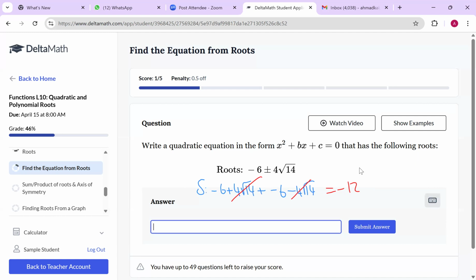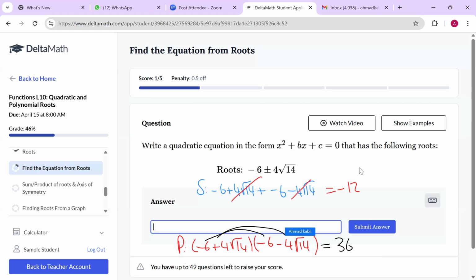As for the product, we have negative 6 plus 4 root 14 times negative 6 minus 4 root 14. We expand. So negative 6 times negative 6 gives positive 36.